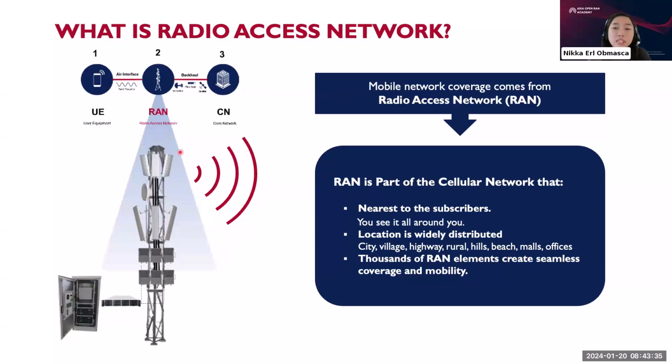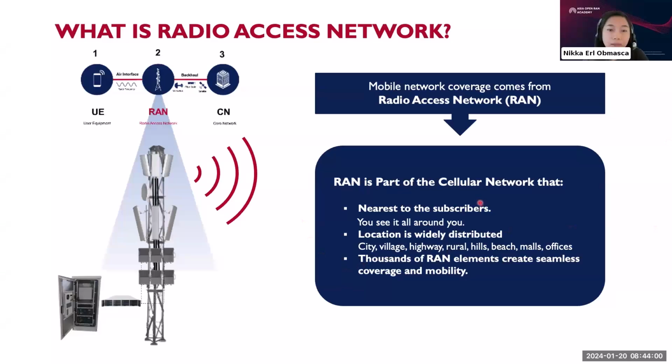Again, the mobile network coverage comes from this, and the RAN is responsible for providing the wireless connectivity required for mobile devices to connect to the core network and access services like calling, data, and such. It includes a network of cell sites, each of which has a base station that communicates with mobile devices.